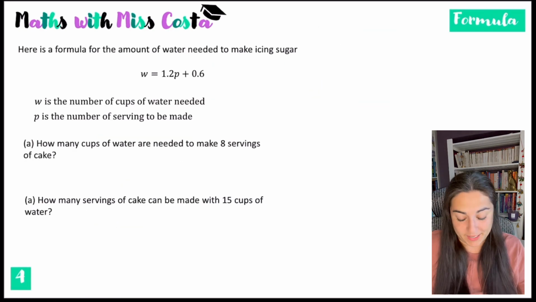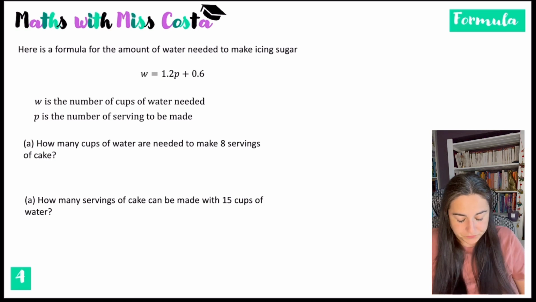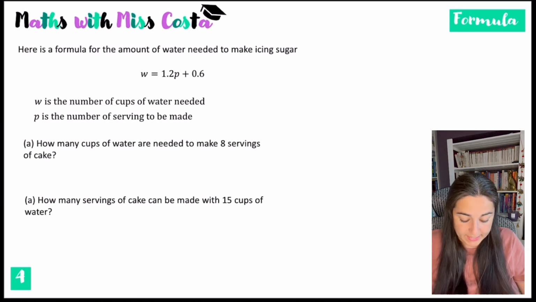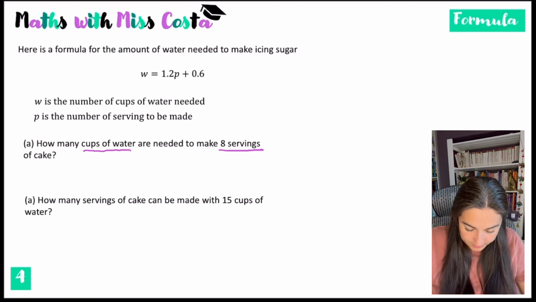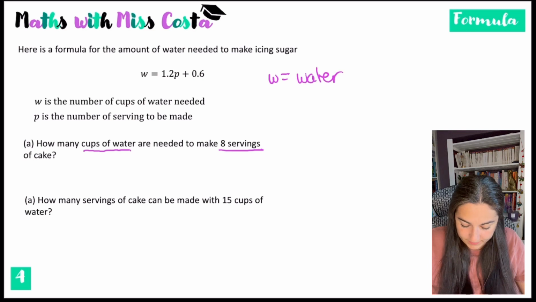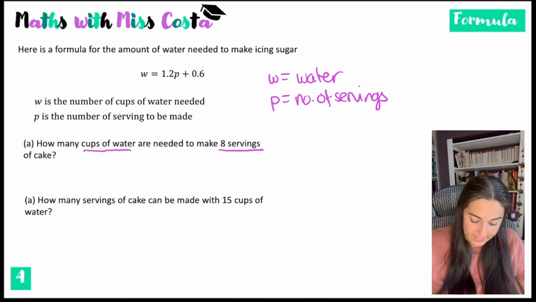Okay, now we've got a formula. So here is a formula for the amount of water needed to make some icing sugar. W is the number of cups of water needed. P is the number of servings to be made. How many cups of water are needed to make 8 servings? So we know that we're going to substitute the value we've been given for P. So P in this case is 8.